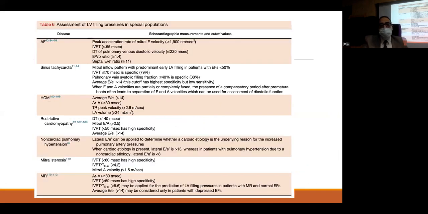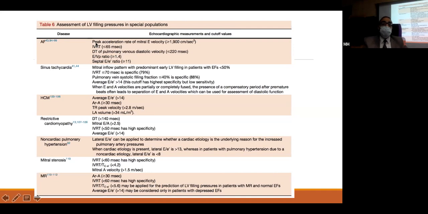In special scenarios, it's sometimes difficult to assess the diastolic dysfunction, especially in atrial fibrillation. You know that the cycle length is variable, so sometimes you find a variable E velocity and variable E prime velocity, but the recommendation in this report is to use the septal E prime velocity if it's 11 or more, in addition to the ratio between the E and the color flow propagation velocity if it's more than 1.4.